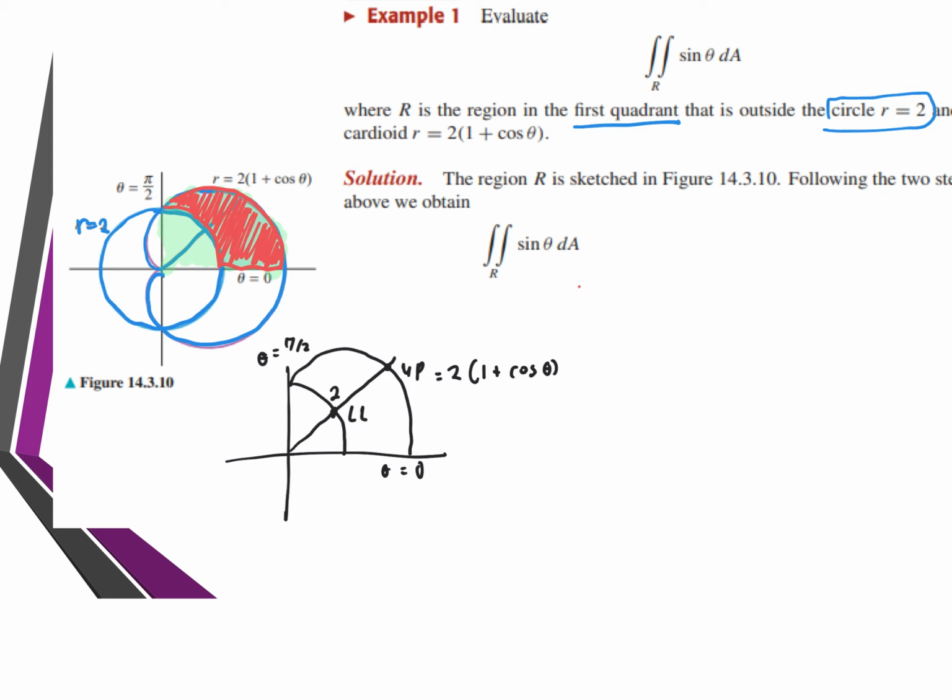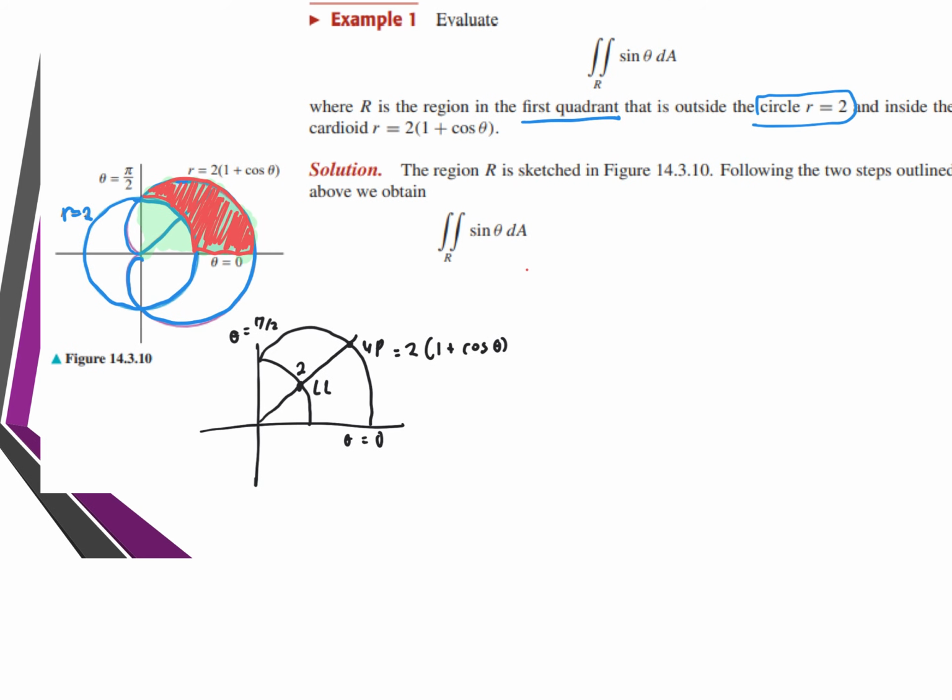Okay, now let's write our equation. We have this one is a to b, pi over 2 and 0. And this one is our r1 and r2.